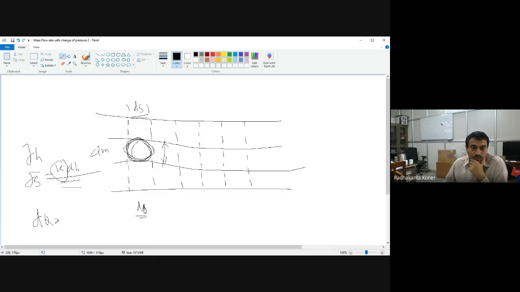Q can also be written like this, small m, K dh. So based on that, we can also calculate here.